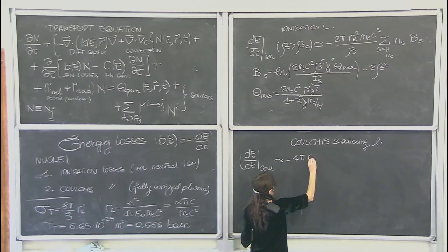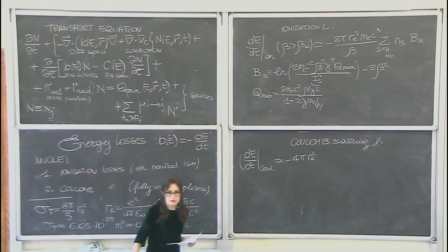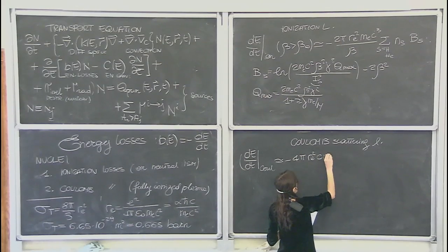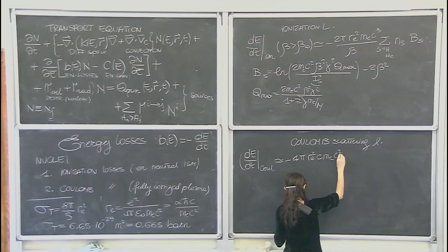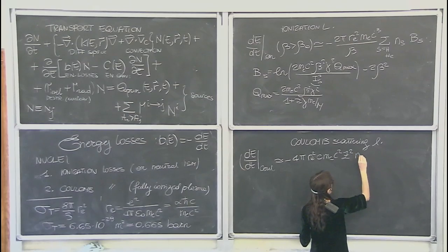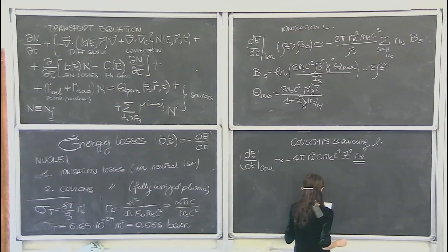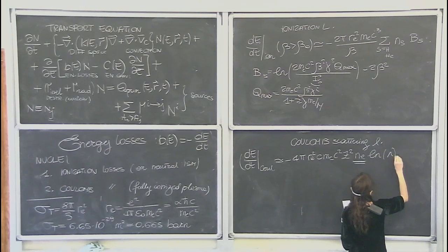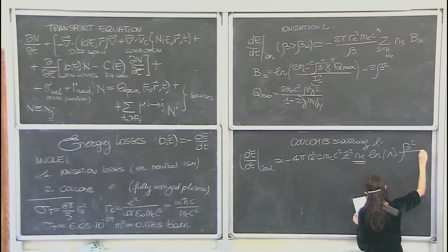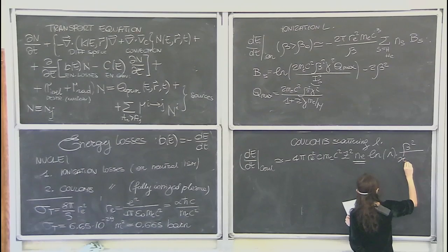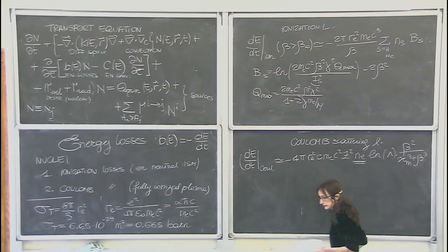So you have the surface of the electron sphere, and then we have c times the mass of the electron, c squared, Z squared, NE, logarithm of lambda, and then we have beta squared, times xm cubed plus beta cubed.